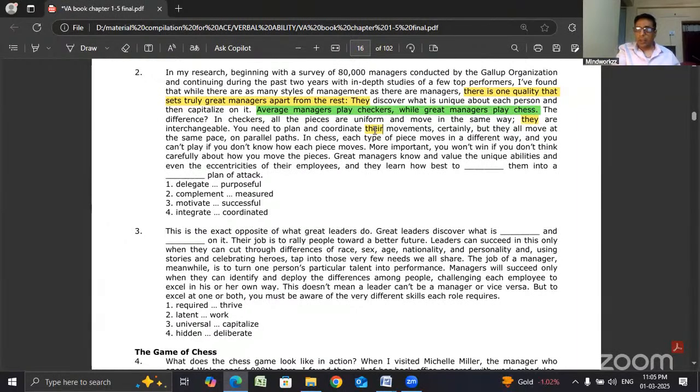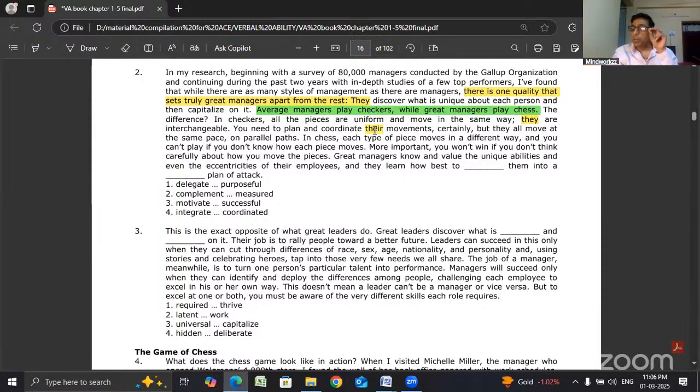And he goes on to explain the difference between what he thinks about checkers and chess. He says that they are interchangeable. What are interchangeable? The pieces of checkers. But why are we talking about pieces of checkers? Because average managers play checkers. It doesn't mean that an average manager goes to the office and starts playing checkers.